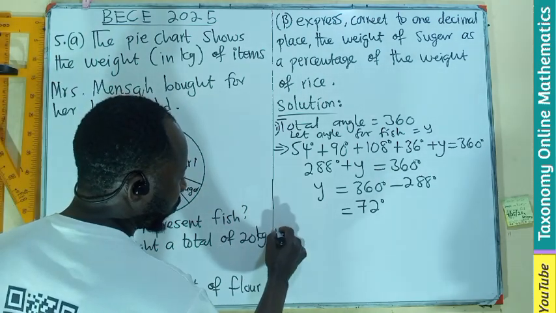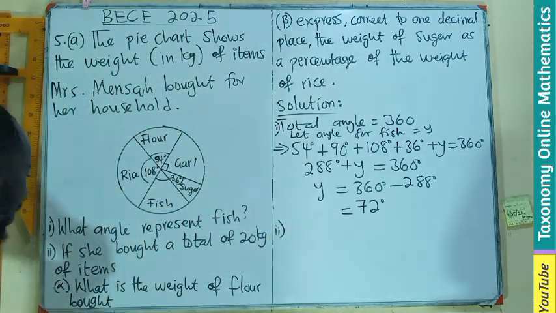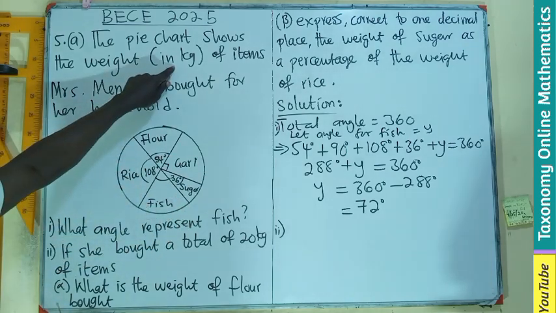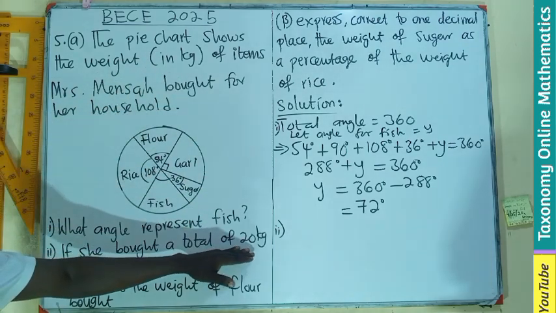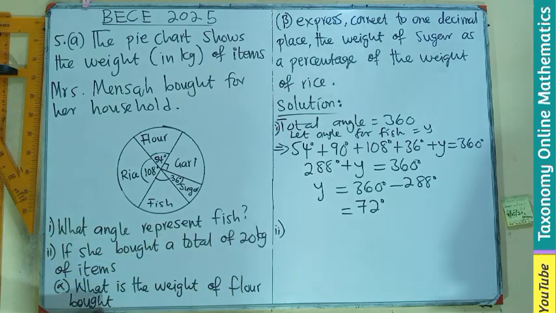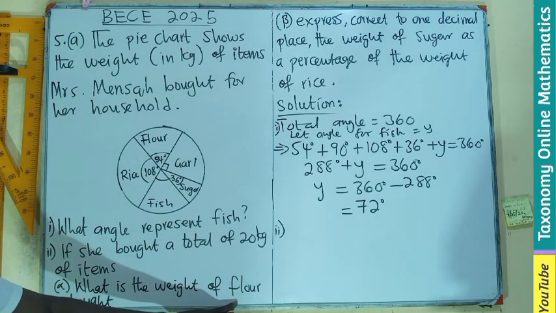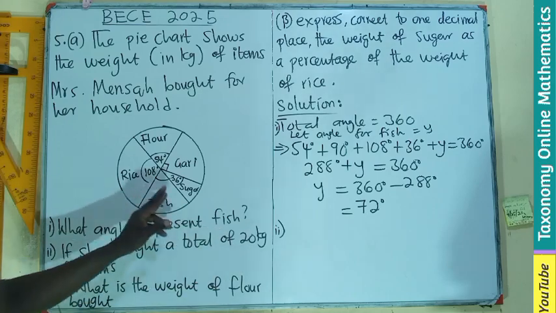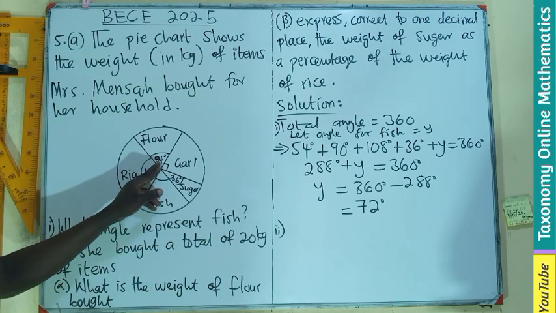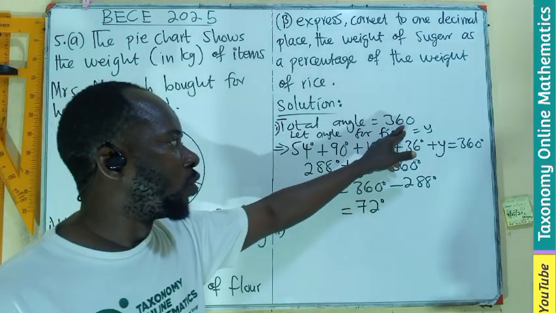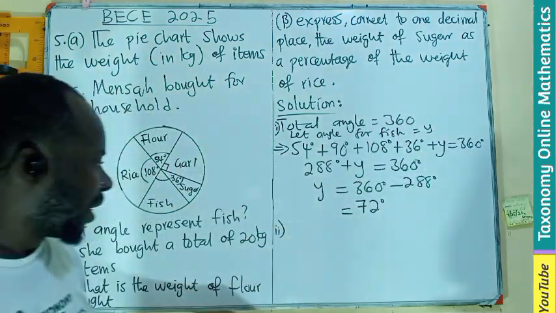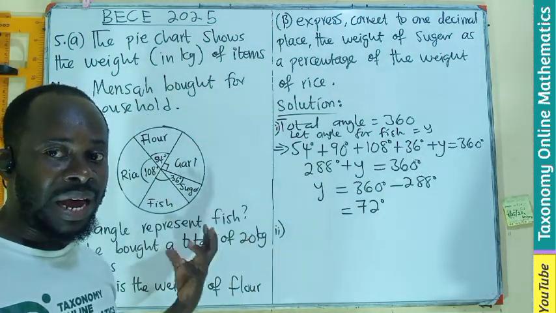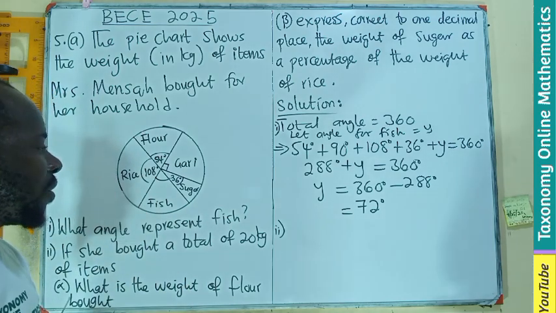For number 2, we are saying that if the total items, which are in kilograms, is 20 kg, then what is the weight of flour? The weight of flour inside the 20. Remember, the flour is just 54 out of the total of this, meaning that the fraction times this will give us the portion of the total weight that goes for flour.